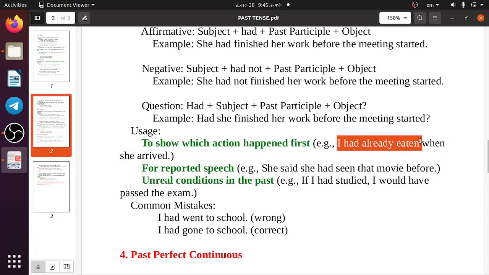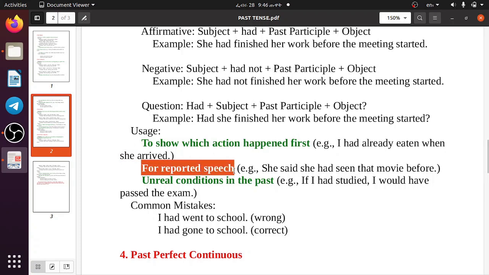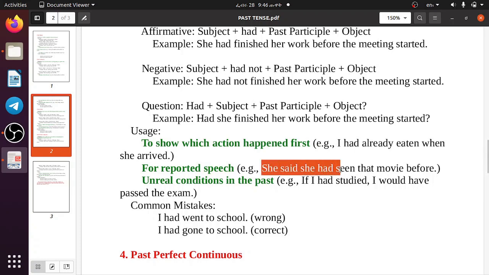Then she arrived. The second one, for reported speech. She said she had seen that movie before. This is reported speech.